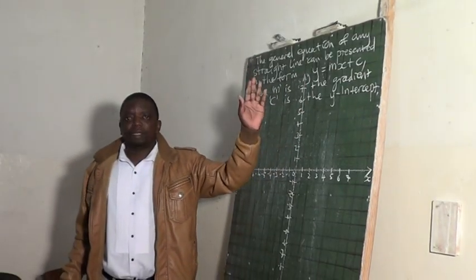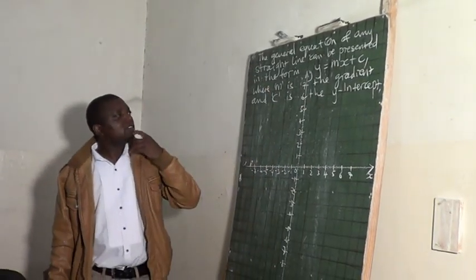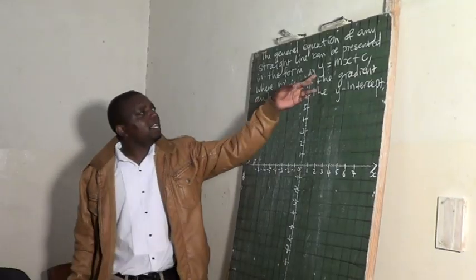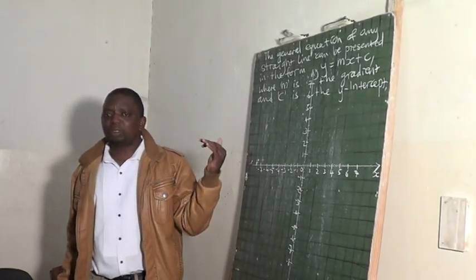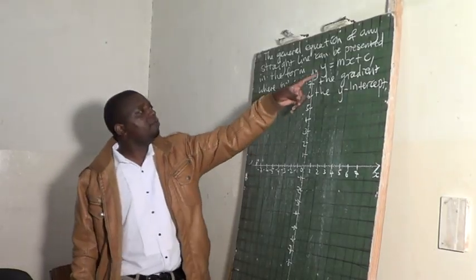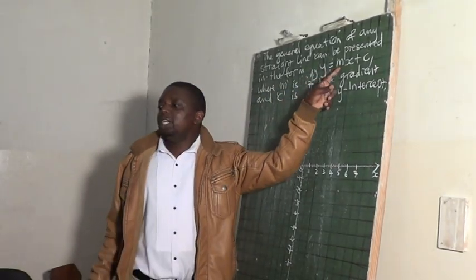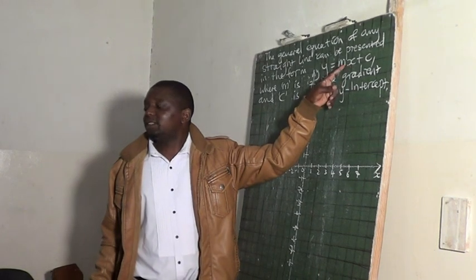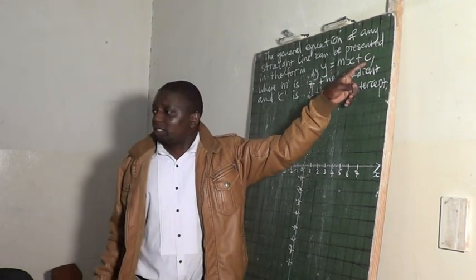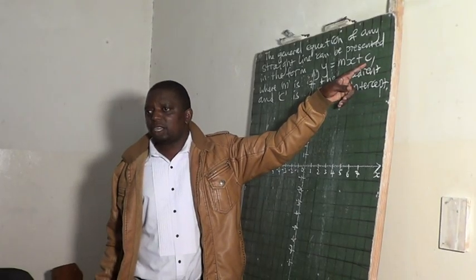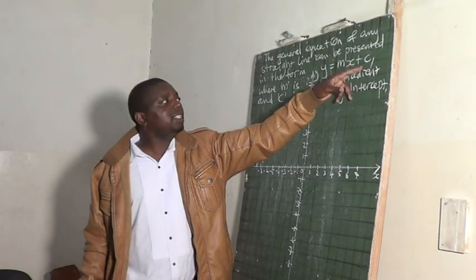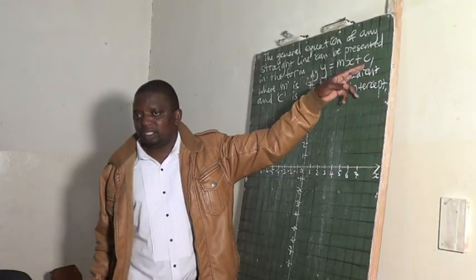What do we mean? We mean when y is the subject of the formula, the coefficient of x, meaning that which multiplies x, gives the gradient, and the constant c gives the y-intercept. That's where the line cuts the y-axis, at c.